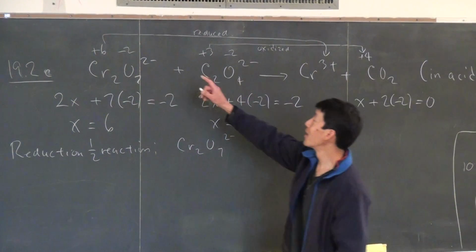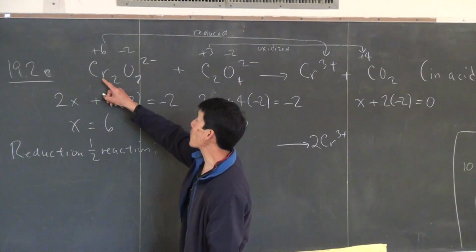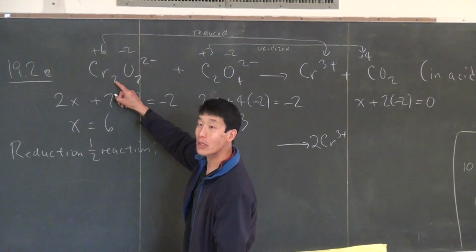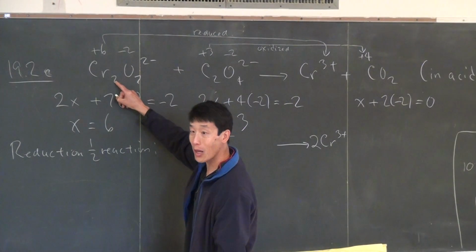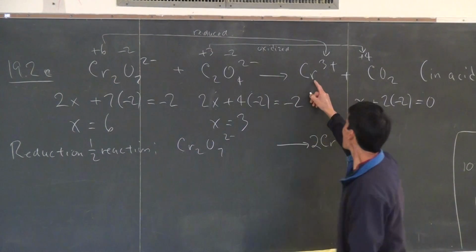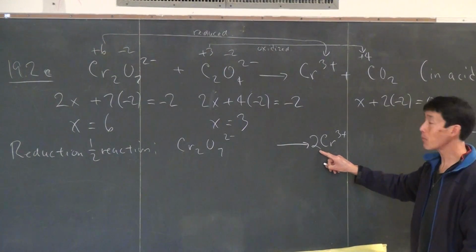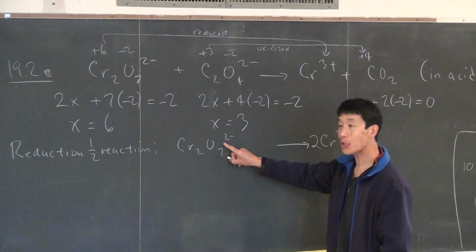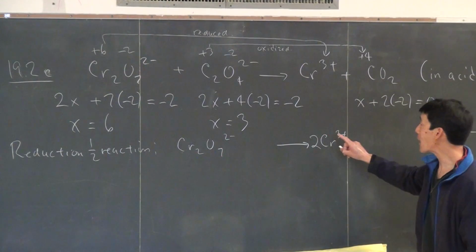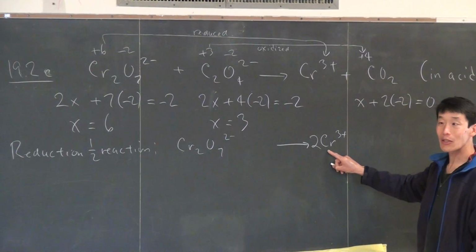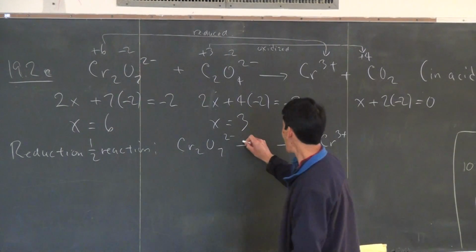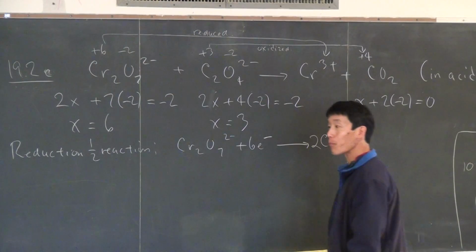If one chromium has a +6 charge, two chromiums have 6 times 2, +12. And we have two chromium 3+ ions here, so +3 times 2 is +6. So it goes from +12 to +6. That means 6 electrons are being transferred. So we put 6 electrons here.